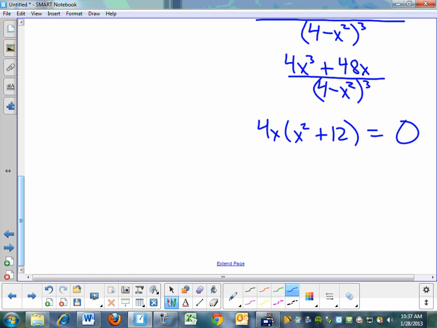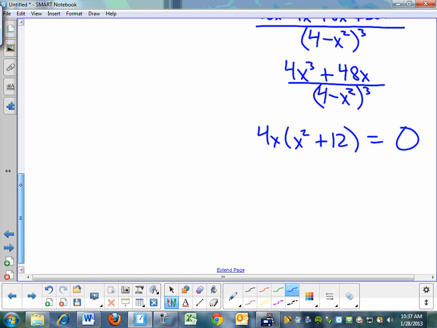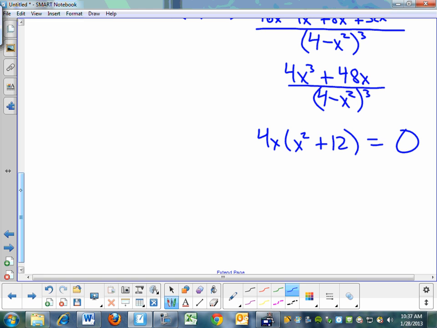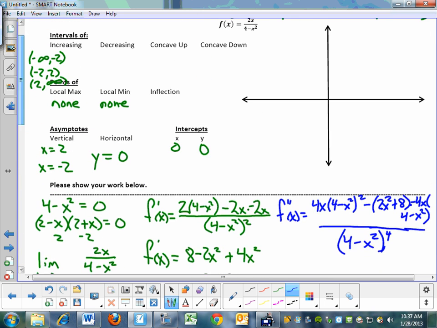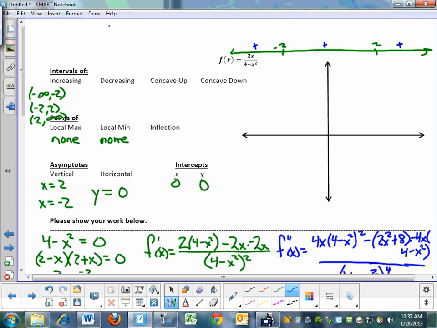No, so you only have one solution, and that's at 0. So the top is equal to 0 at 0. The bottom will give us an undefined answer again at positive 2 and negative 2. Have we accounted for the positive 2 and negative 2? Yes. So now let's draw.